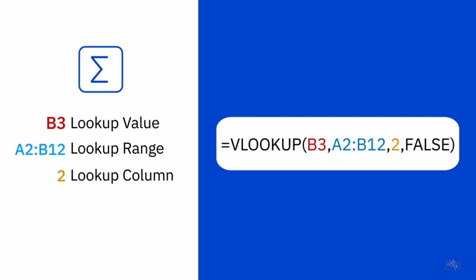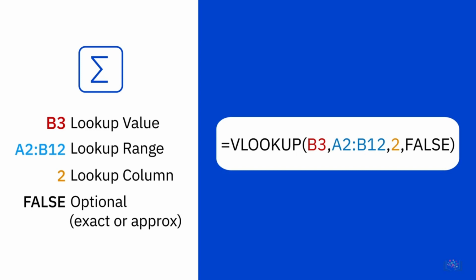In a formula, Excel references this as col_index_num. FALSE is an optional parameter that determines whether the match found has to be exact, denoted by FALSE, or can be approximate, denoted by TRUE. In a formula, Excel references this as [range_lookup].